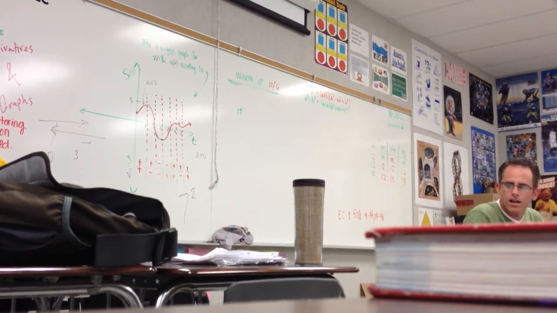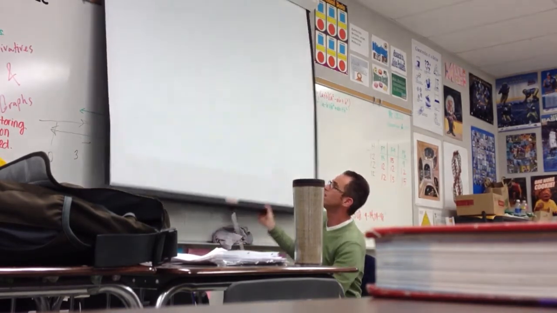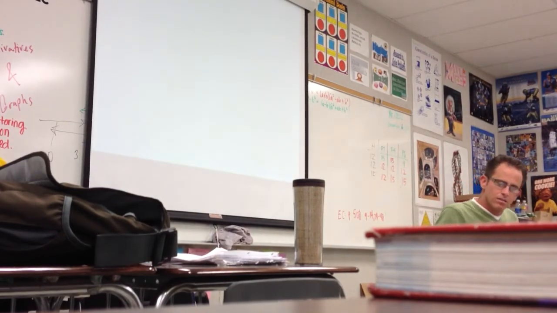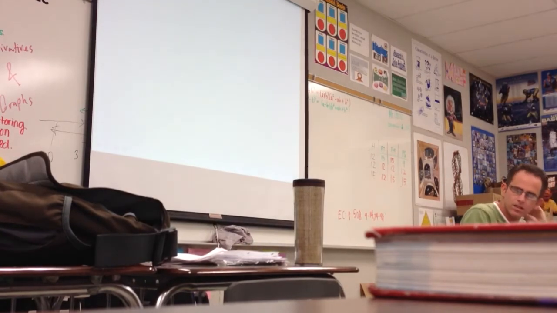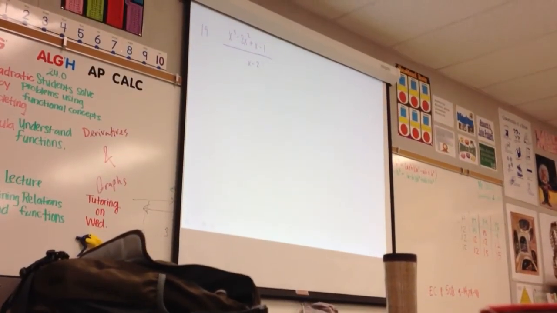Number 19 is x cubed minus 2x squared plus x minus 1 over x minus 2. So, this is annoying.